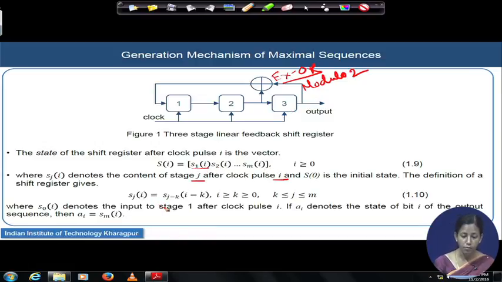Now, if I try to give a mathematical formulation of the value of an independent stage, S_j^i, the way the value is stored in a typical stage is as follows.